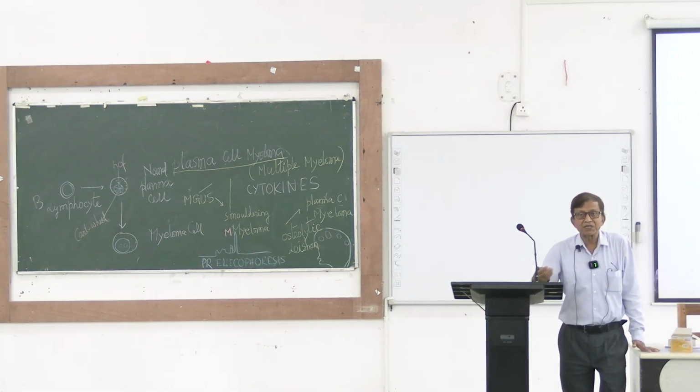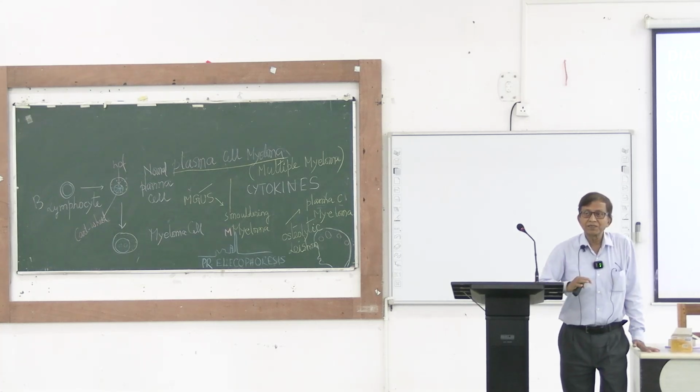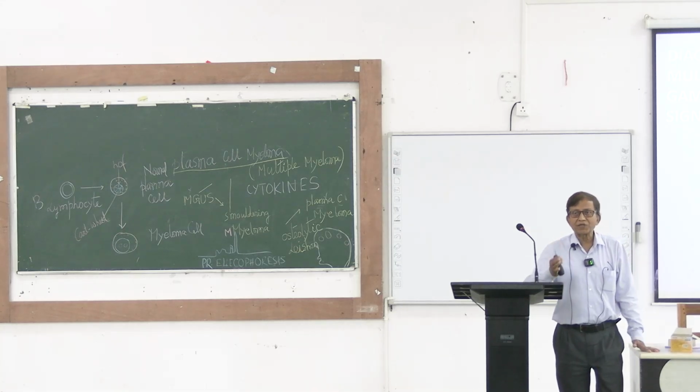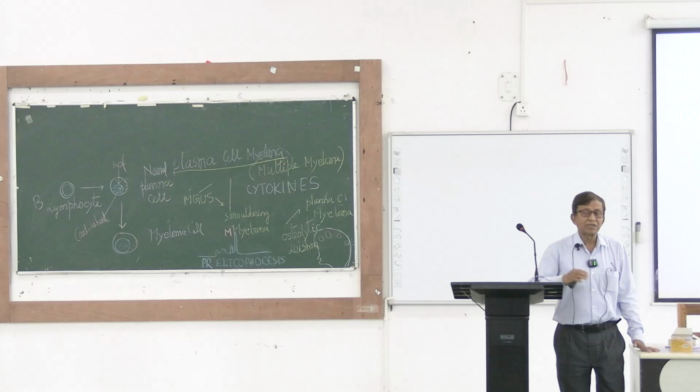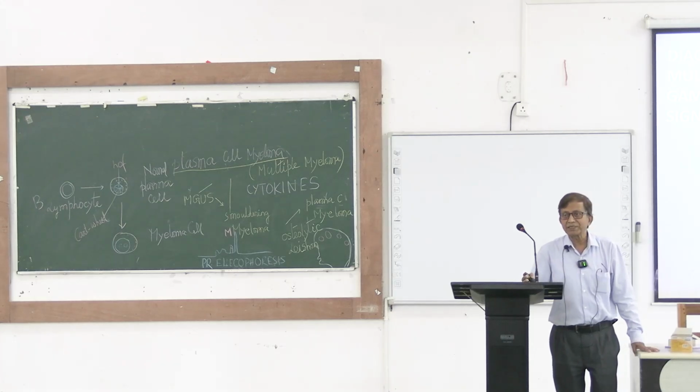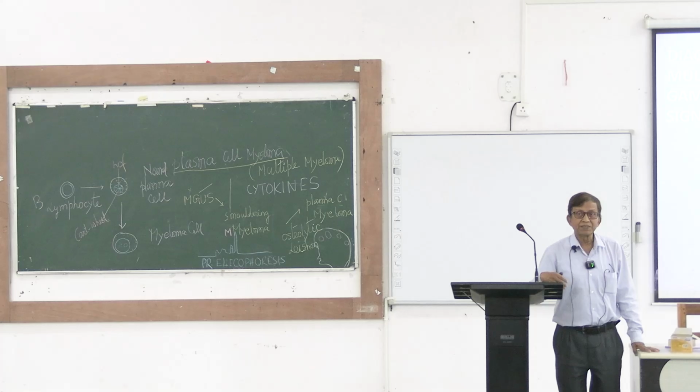So what does a plasma cell do? Antibodies. We have two types of immunity: cell immunity and humoral immunity by plasma cells. Cell immunity is controlled by T cells. Here it is controlled by B cells.